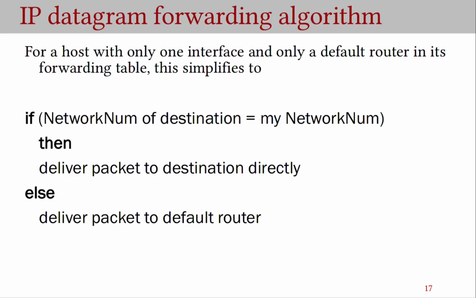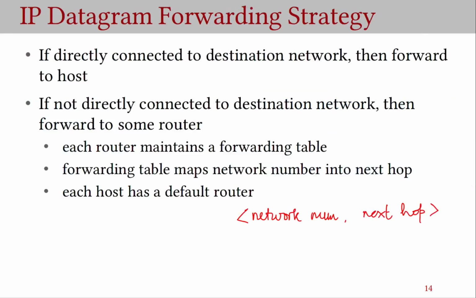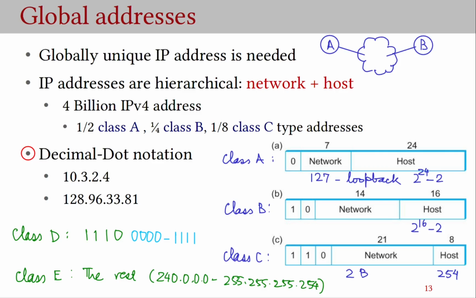Now from our discussion of IP addresses, we had a class C address that allows 254 hosts, and a class B address that allows 2 to the power 16 minus 2. It's about 65,000 hosts.